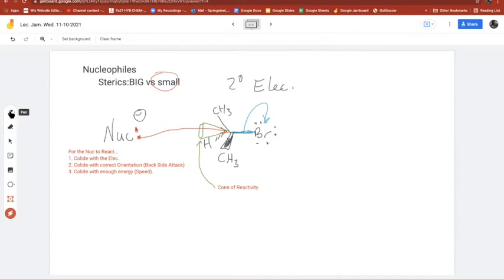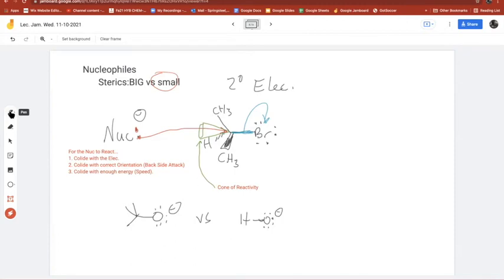All right, so with that in mind, let's compare some. What do you think's a better nucleophile, a faster reacting, stronger nucleophile? T-butoxide or hydroxide? They're both negatively charged. They're both oxygen, same electronegativity, same polarizability.